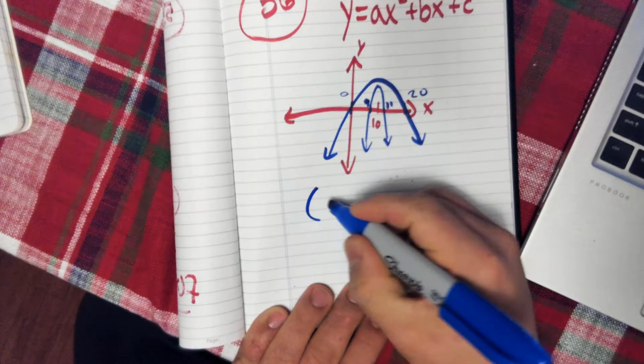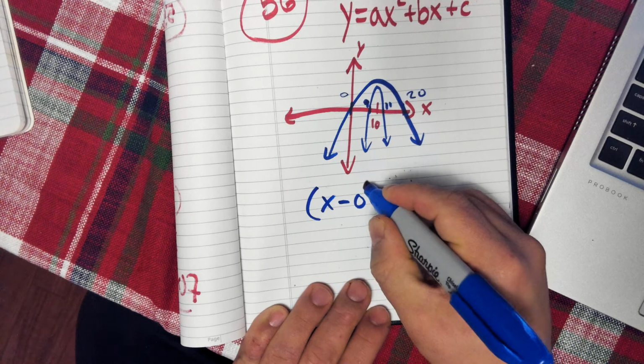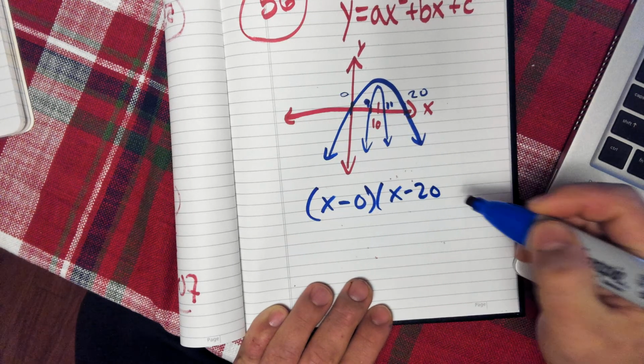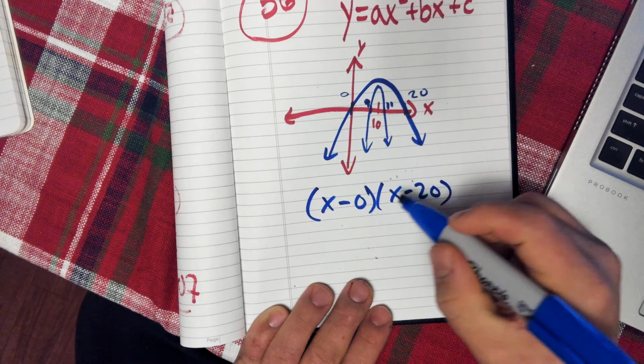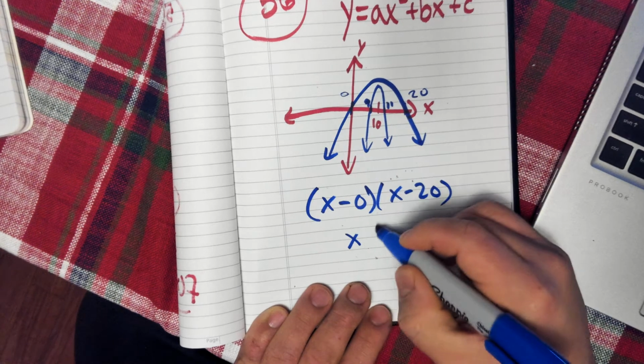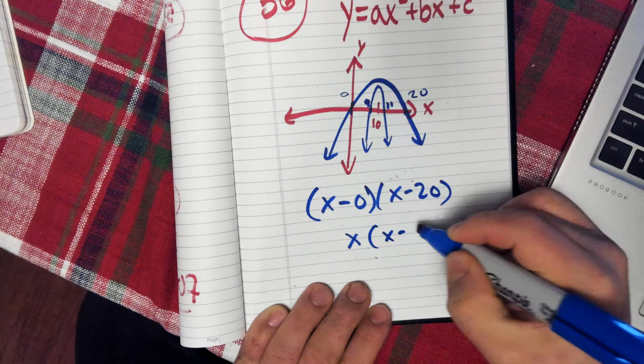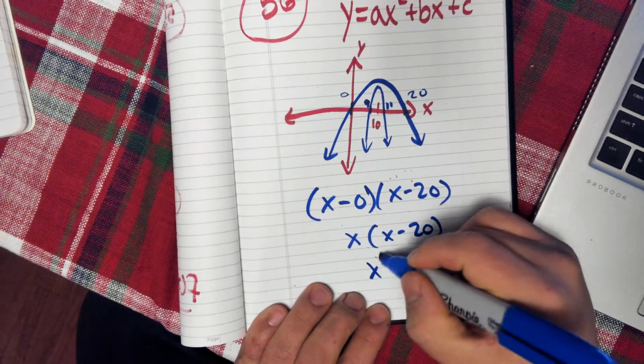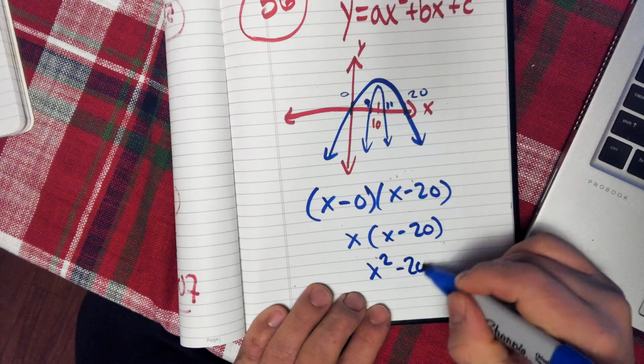So x minus 0, x minus 20. That's just x. So x times x minus 20. So that'll be x squared minus 20x.